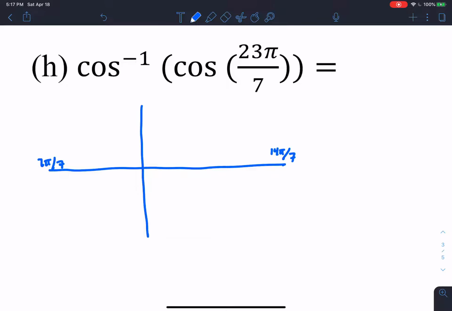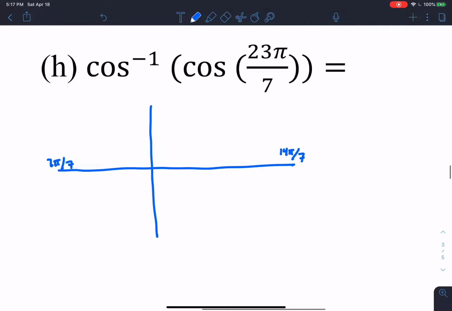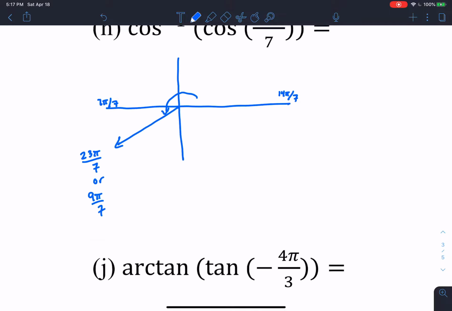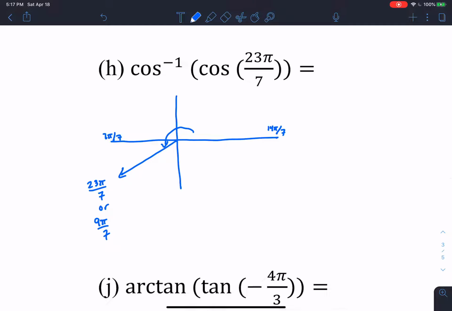That's going to be 9. So here would be 23 pi over 7, or 9 pi over 7. They're coterminal with each other.